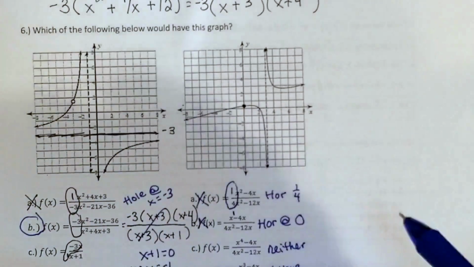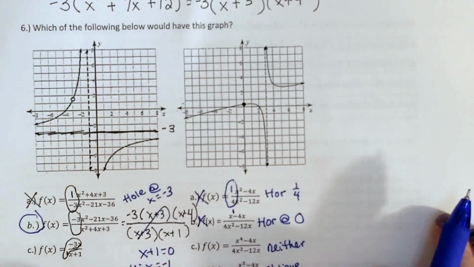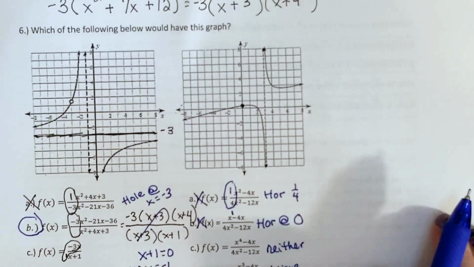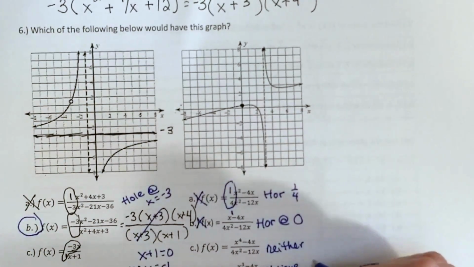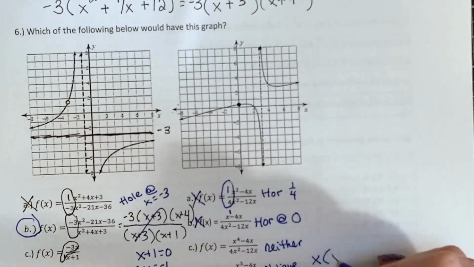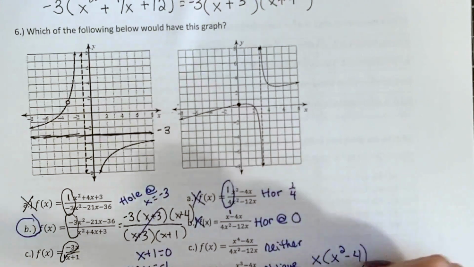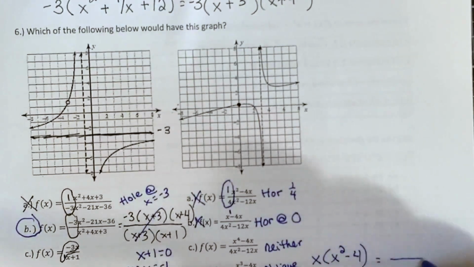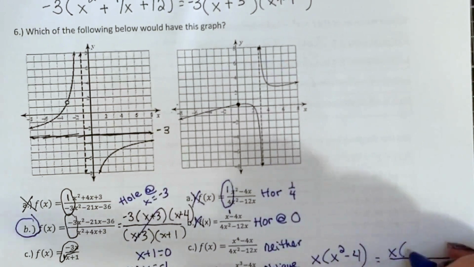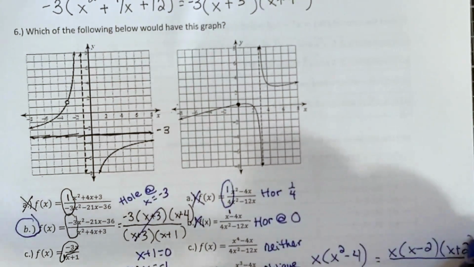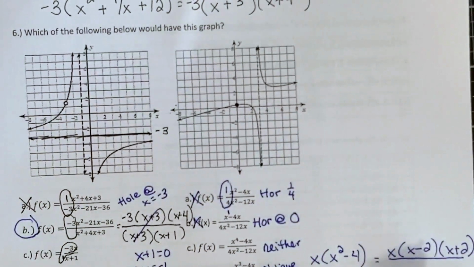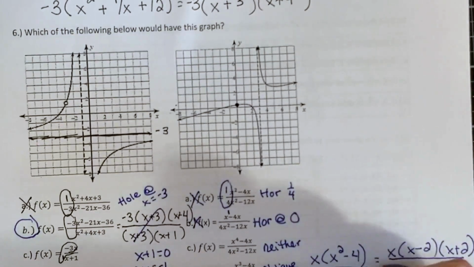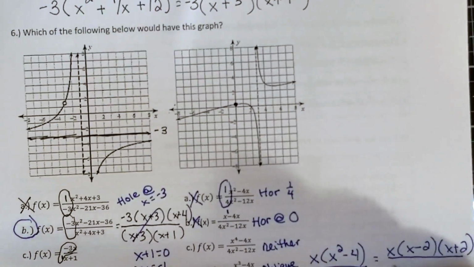Okay. All right, let's go ahead and factor this one down here. So I can take out an x out of the top. I'm left with x squared minus 4. That's the difference of 2 squares. So this would have an x minus 2 and an x plus 2. In the denominator, we're going to take out a 4 and an x, and we're left with x minus 3.